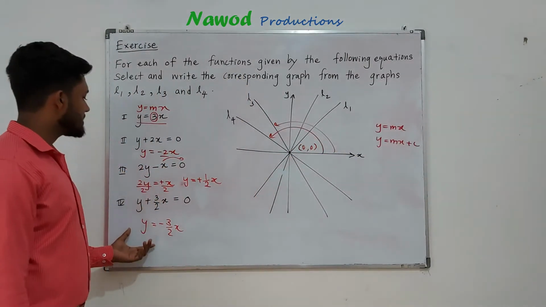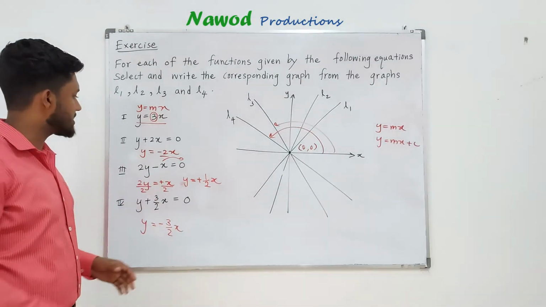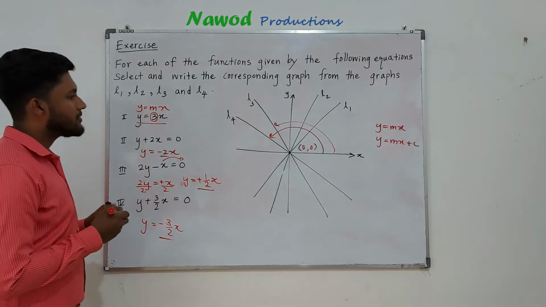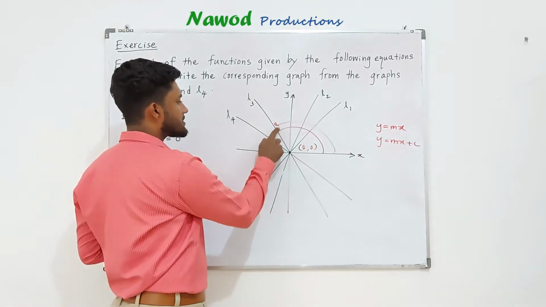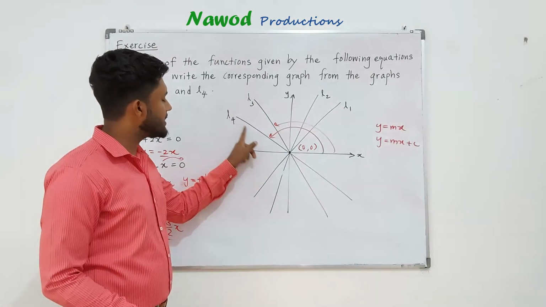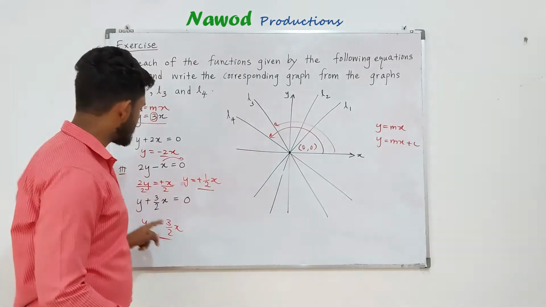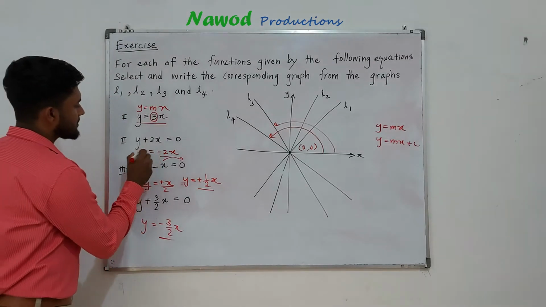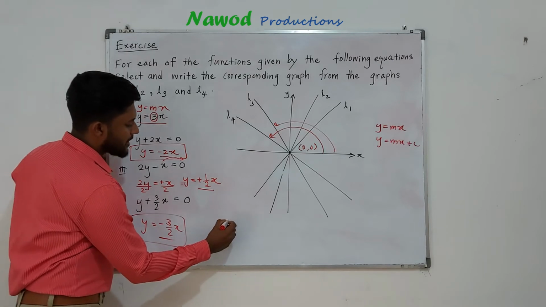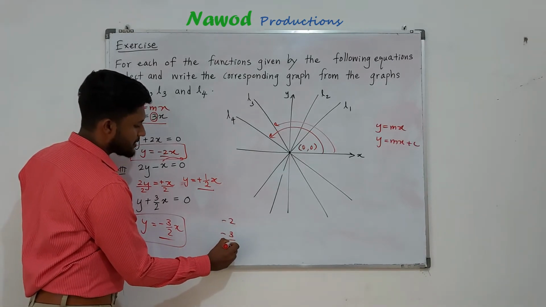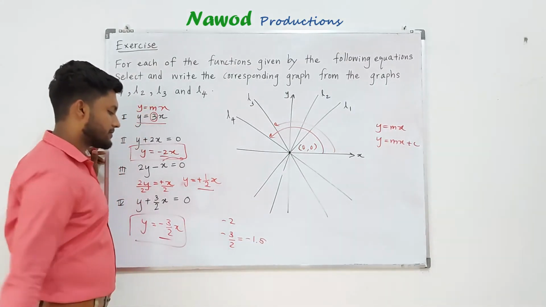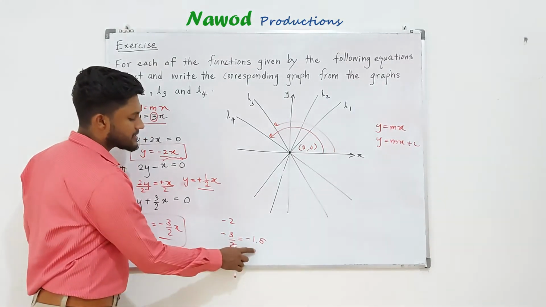Then considering these values, or the equations, here m is positive, here m is negative. We want to consider about the size, or the magnitude, of the m. When considering the negative values, this one and this one, you want to see minus 2 and minus 3 over 2. Minus 3 over 2 means minus 1.5. Yes, what is higher?